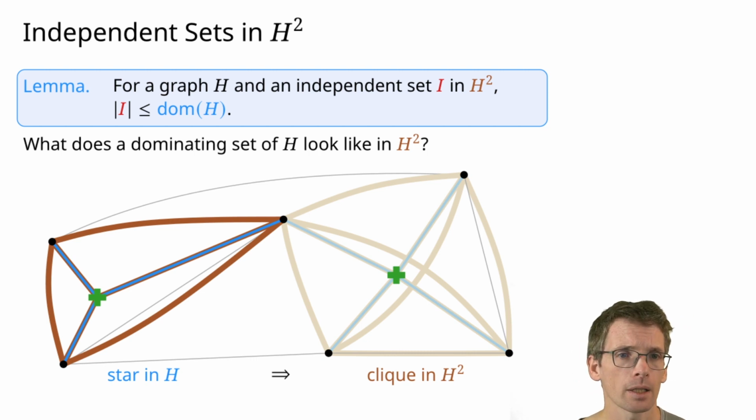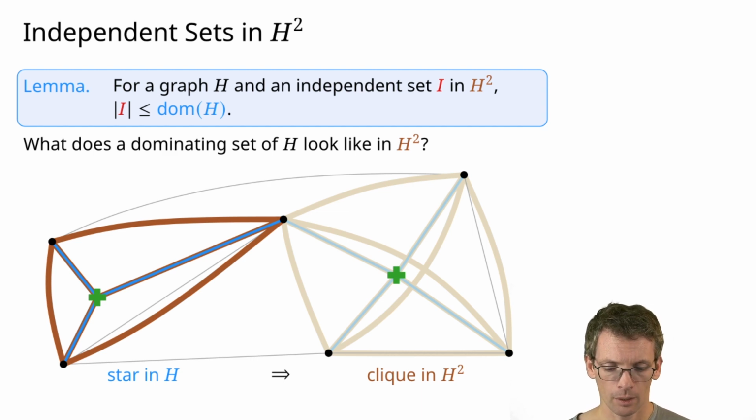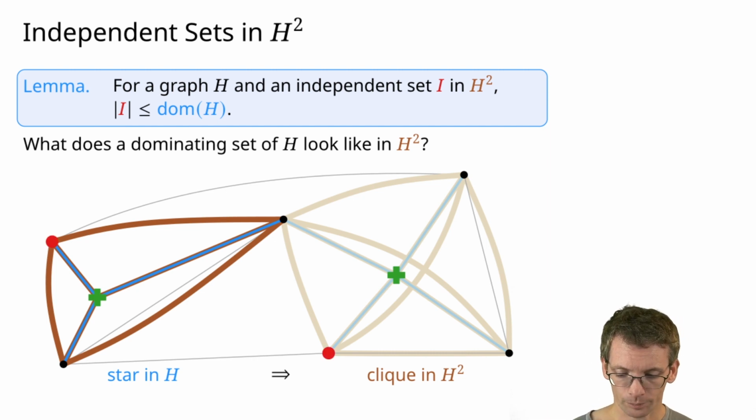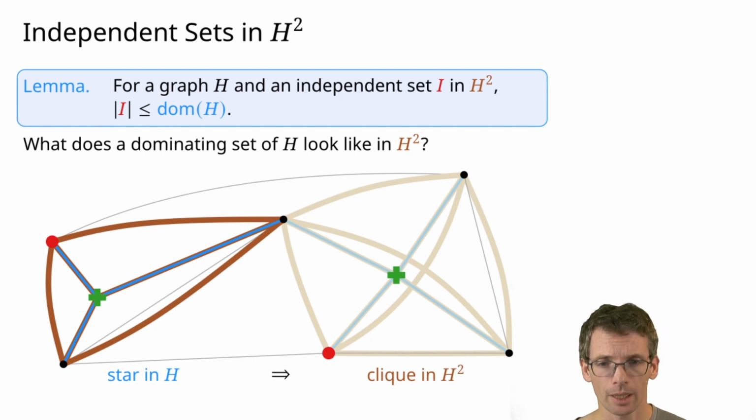So why is this interesting? If I now look at independent sets in H squared, then in any of these cliques, such an independent set can have at most one vertex.